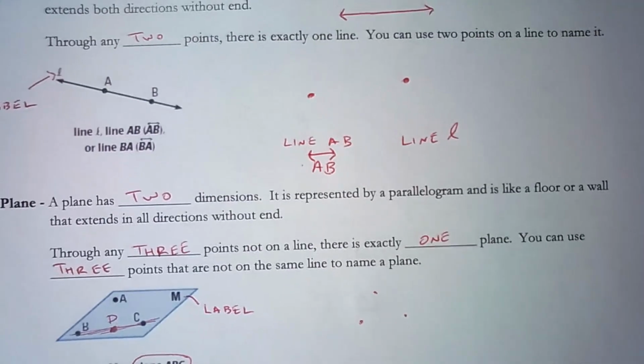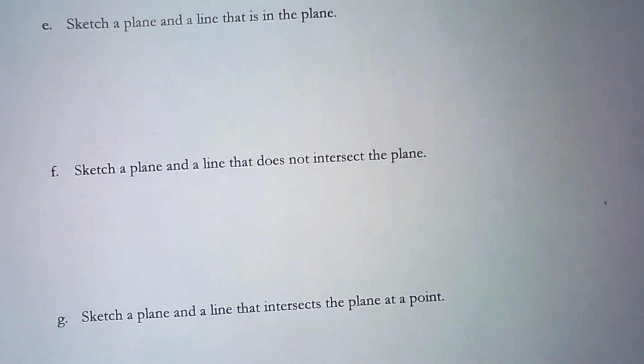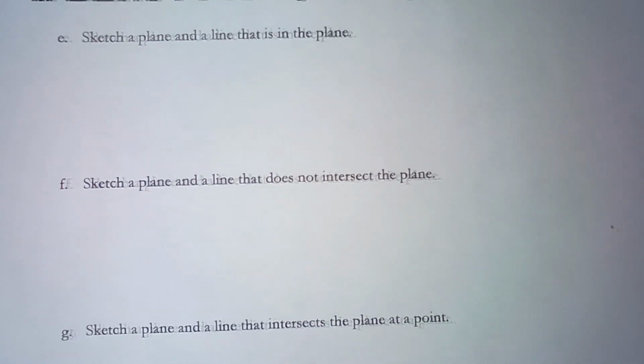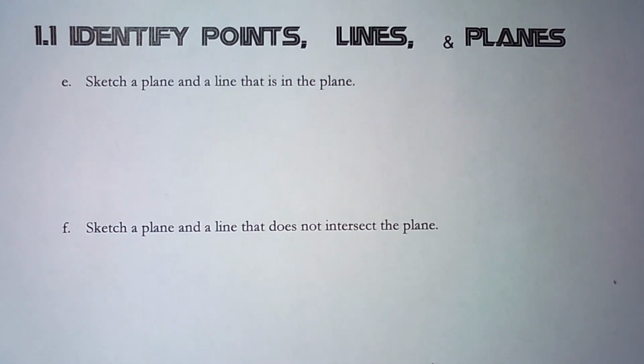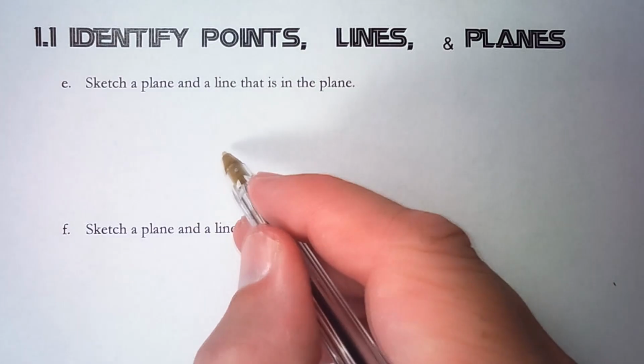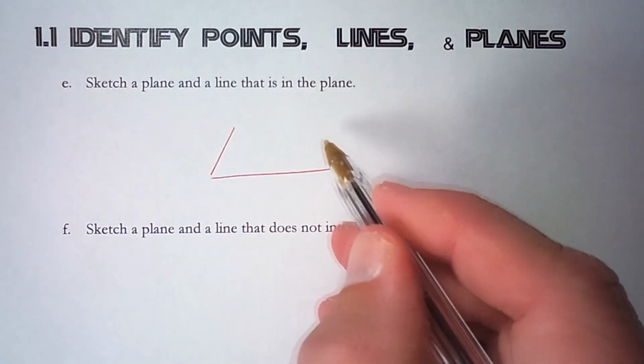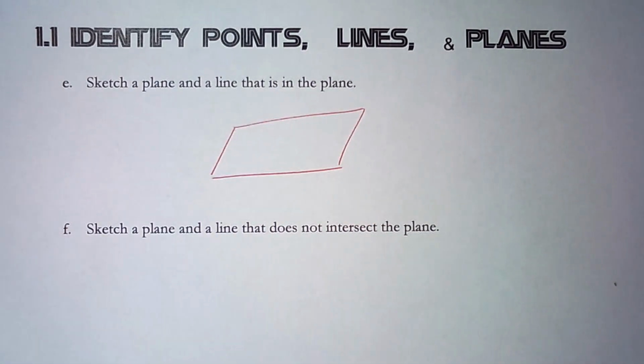Okay, and we'll move on to page 3. And we're going to do some sketching of planes. Sketch a plane, so we'll just start with a parallelogram to be our plane, and a line that is in the plane.